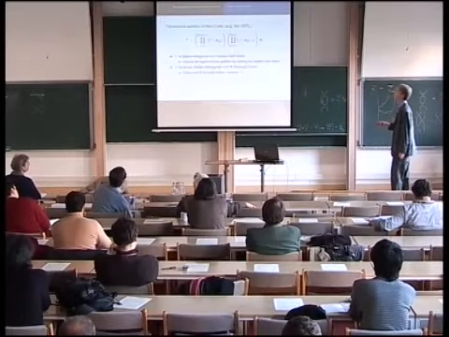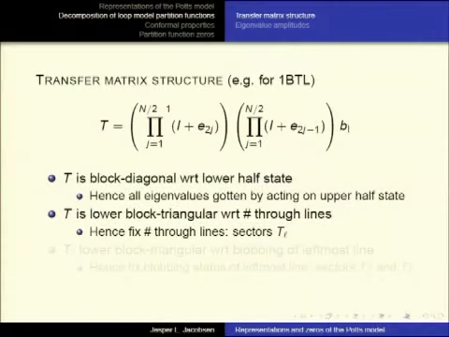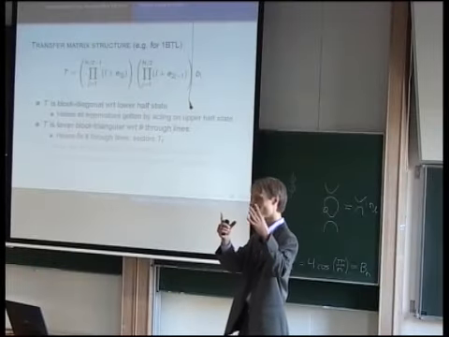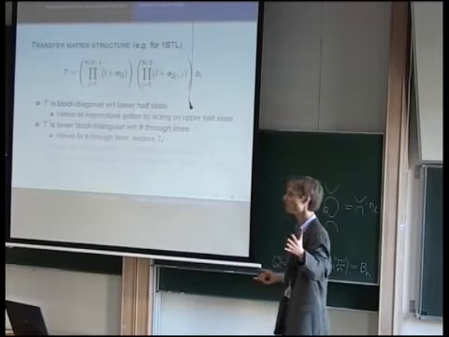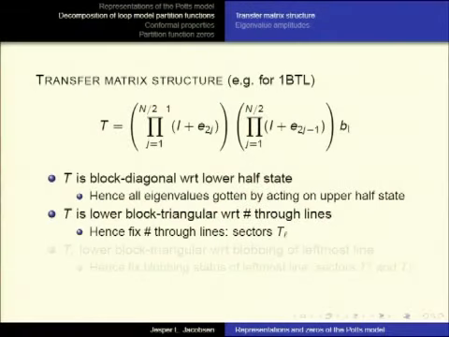And it's also lower block triangular with respect to the number of through lines, and hence, for the purpose of finding the eigenvalues, I might as well just fix the number of through lines, because if I have a block triangular matrix, then the blocks on the diagonals are going to give me all its eigenvalues, evidently. So that will define what I call a sector TL of my transfer matrix, in which the number of through lines has been fixed to L.